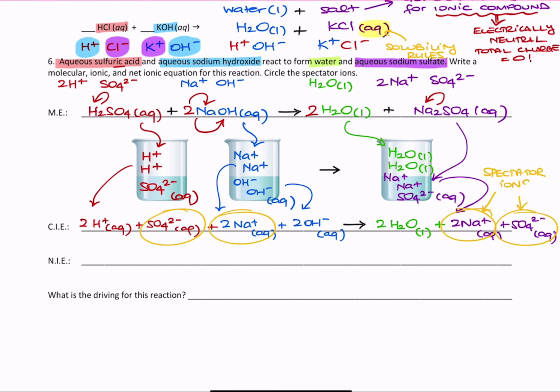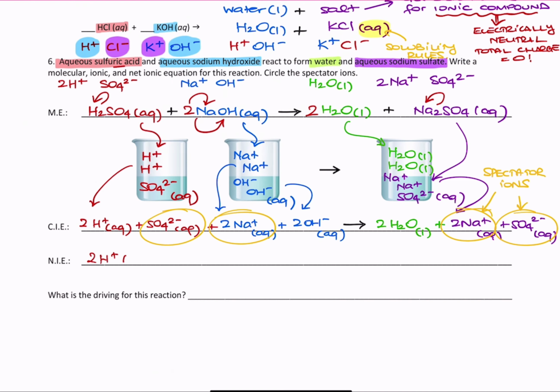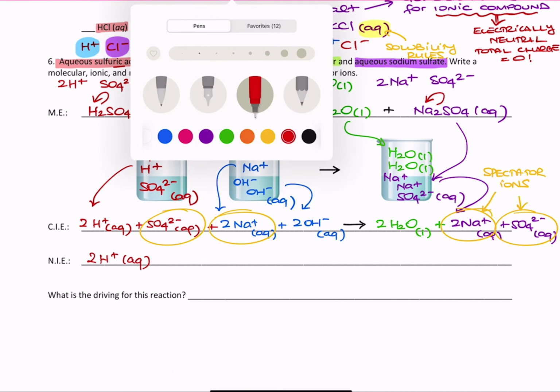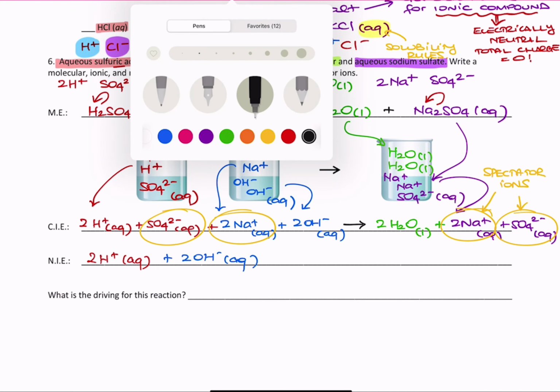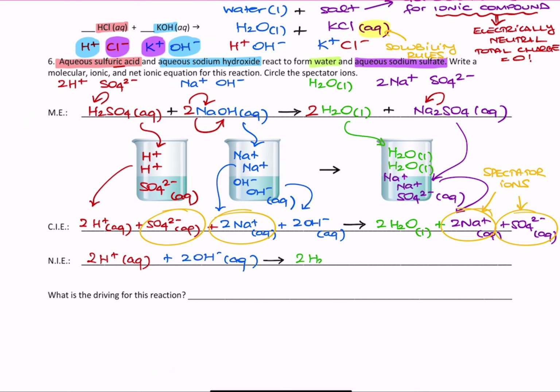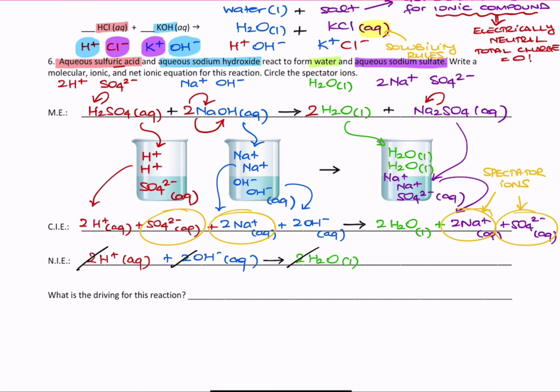I will remove them to write my net ionic equation as 2 H plus aqueous plus 2 OH minus aqueous. This is what's left on the left side. It gives 2 H2O liquid. Notice that we have again a common factor, so we can simplify by 2.